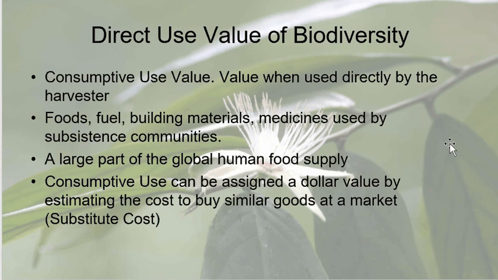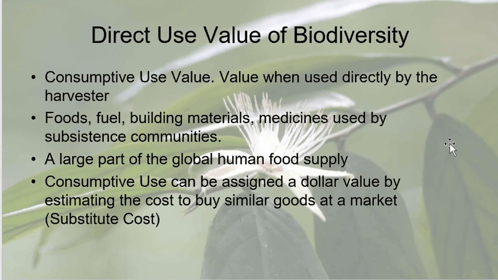We can estimate the dollar value of that consumptive use by estimating the cost to buy similar goods at a market. Okay, so if a pig is used for food in a consumptive use manner, in other words, somebody goes out into the forest, shoots a wild hog, brings it back home, cuts it up and eats it within the house.